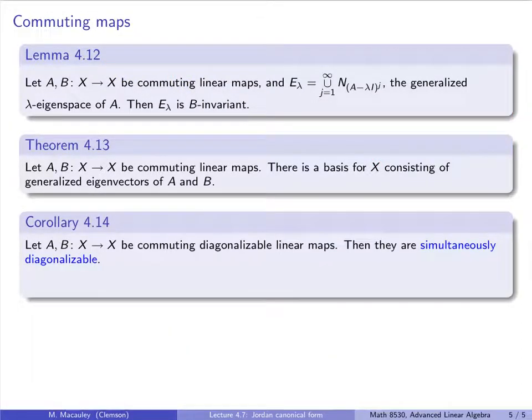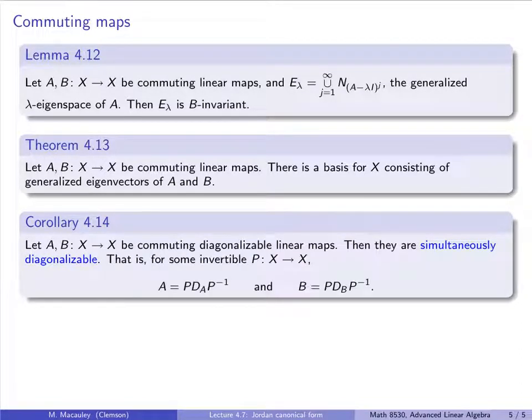One corollary of this, which you will see actually probably a lot more frequently than the statement itself, because it's something you can do in an undergraduate algebra course, when you don't talk about generalized eigenvectors, is that if we have two commuting maps that are diagonalizable, then they are simultaneously diagonalizable.